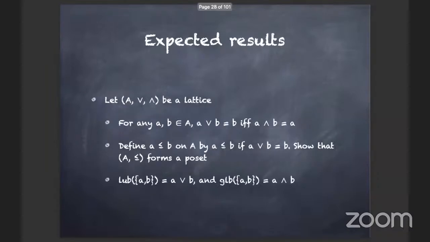And finally, the least upper bound of A, B is nothing but A join B, and the greatest lower bound of A, B is nothing but A meet B.